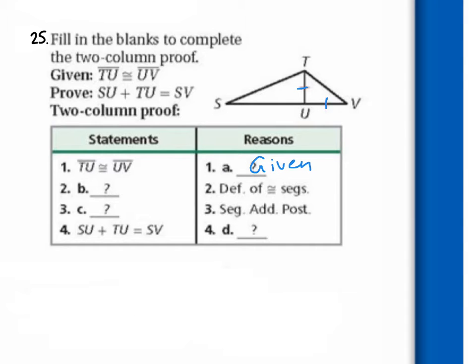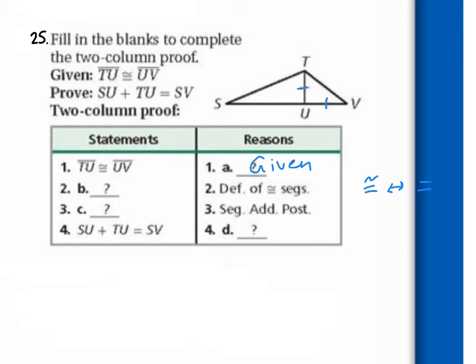What's the definition of congruent segments? Segments that are congruent are what? So if we have two segments that are congruent, then that means that we have two segments that are equal. That's the definition of congruent segments.